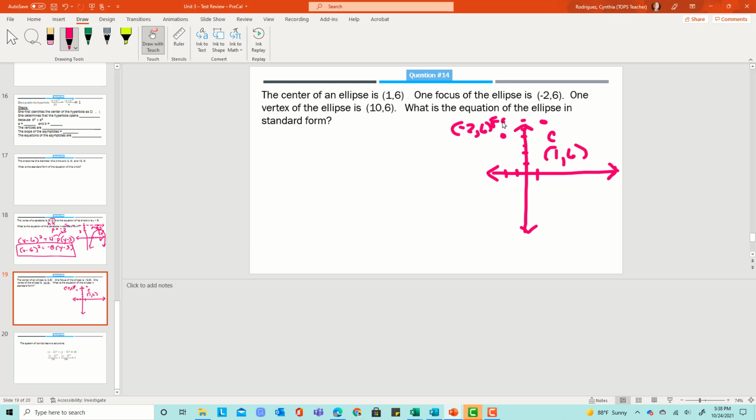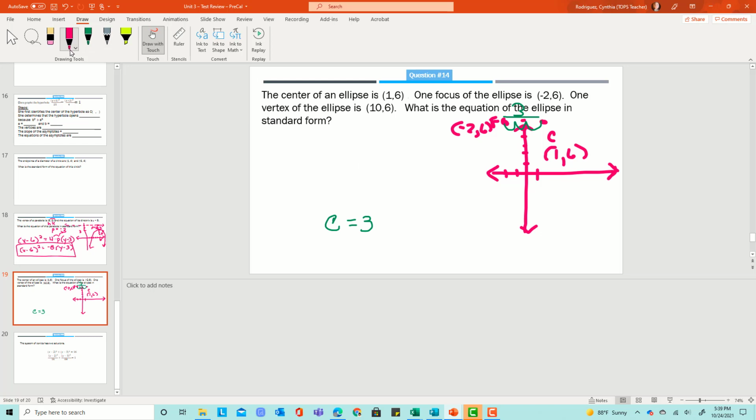Oops, I didn't draw that high enough. There we go. All right, if you count from the center, that's 1, 2, 3 units from the center to the focus. So that's going to be C. C is 3.